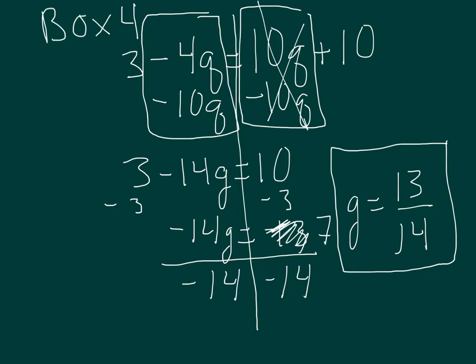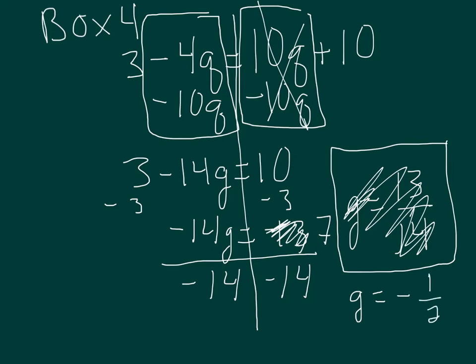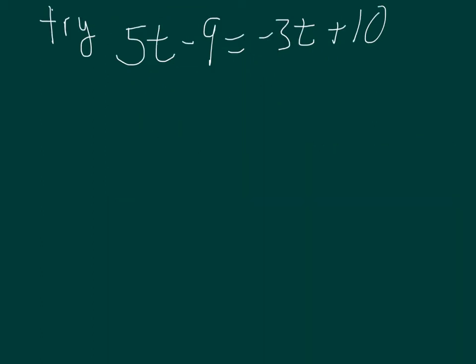So instead of my final answer of 13 over 14, we get g equals 7 over 14, which will reduce to negative 1/2. So that should be my final answer. So make sure you fix that one in box 5. I want you to try it on your own. Go ahead and pause it to make sure you copy it down, then give it a shot.